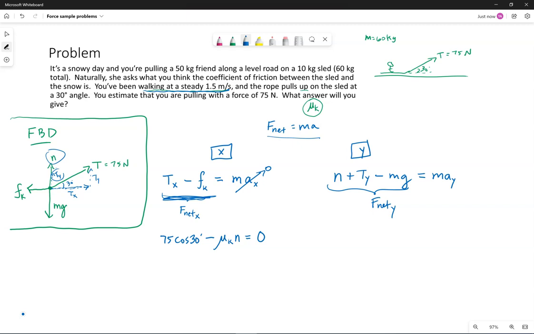In the y direction, we don't know the value of the normal force. We do know the y component of tension, or the pull, is the force times the sine of 30 degrees.